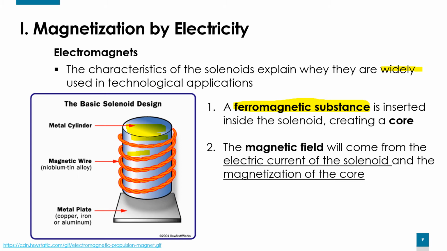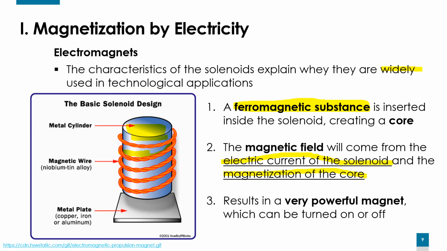So if I do it like that, I have a wire that creates a current, and this will be intensified by the magnet that I have inside. So the magnetic field will be created by the electric current of the solenoid itself and also by the magnetization of the core, because the core is a ferromagnetic substance.